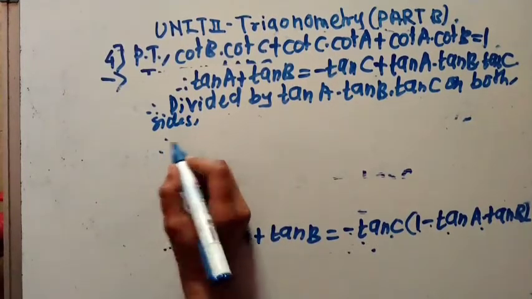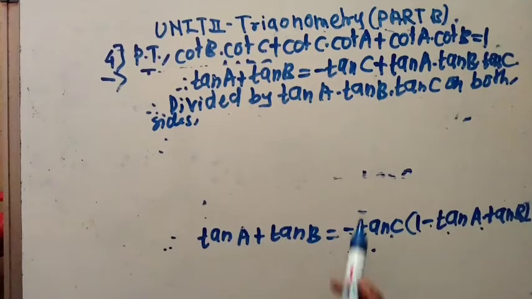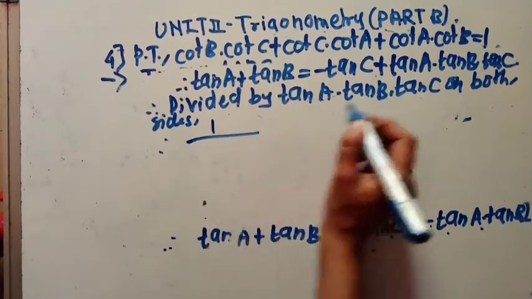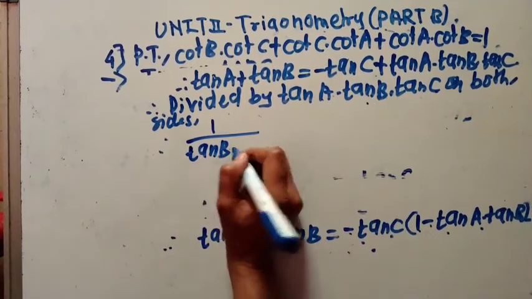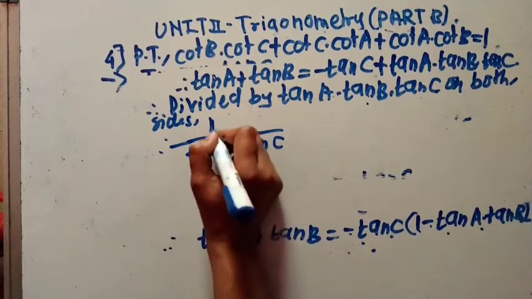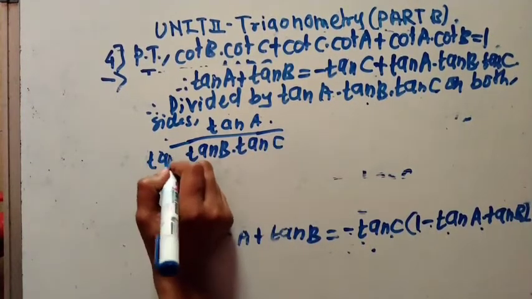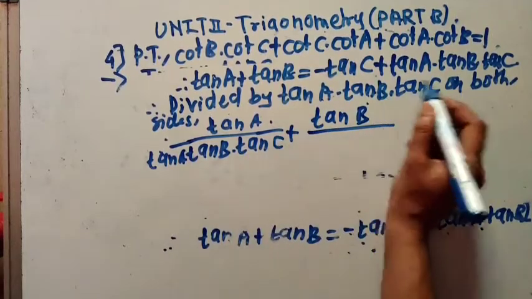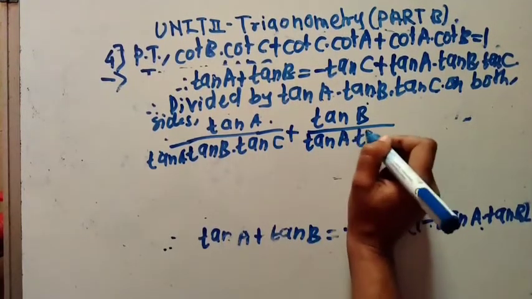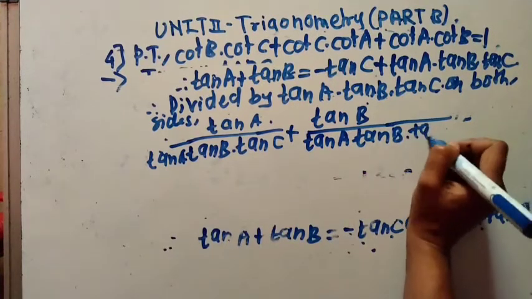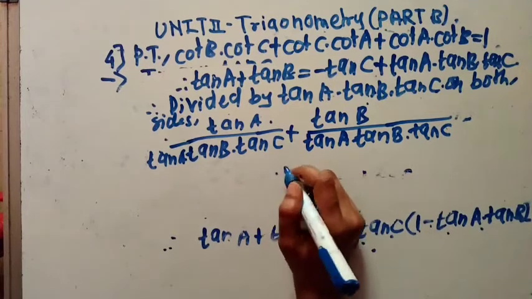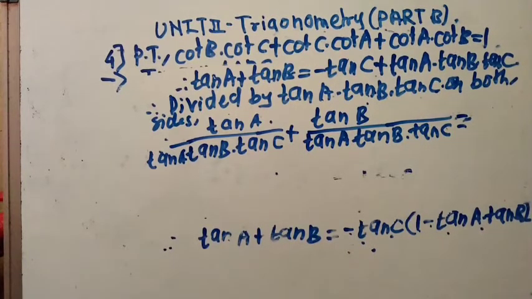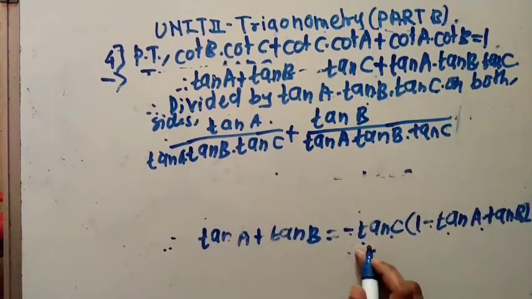Then we get tan a, dividing tan a by tan a into tan b into tan c, tan a cancels and we get 1 upon tan b into tan c, means tan a upon tan a into tan b into tan c, plus tan b upon tan a into tan b into tan c, and which is equal to minus tan c.